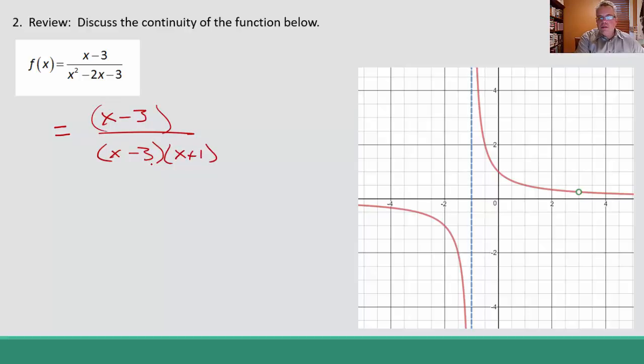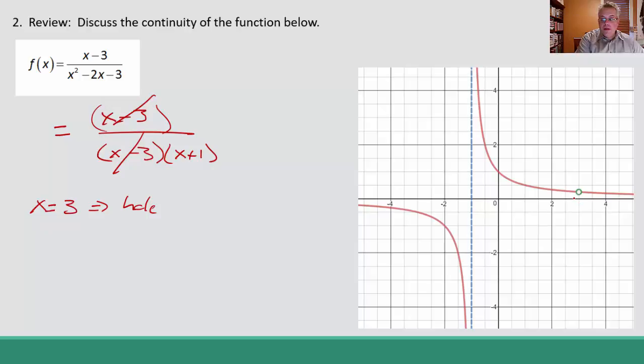We discussed this already when we were discussing limits. When the denominator is 0, those points are either holes in the graph or asymptotes. If the factors cancel, that means there's a hole in the graph there. At x equals 3, there's a hole in the graph. So it's a removable discontinuity.